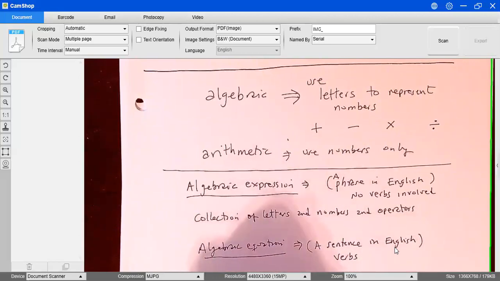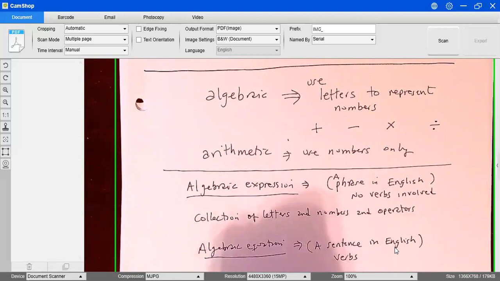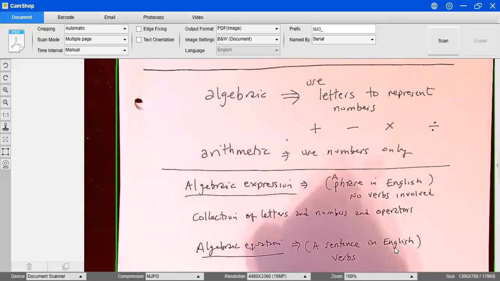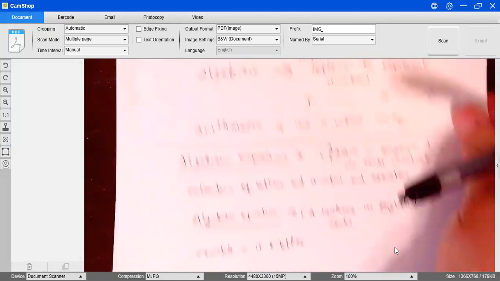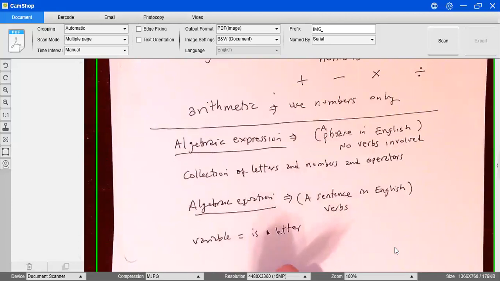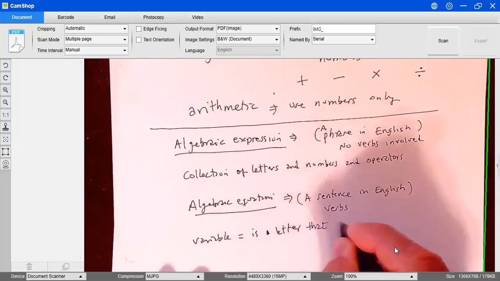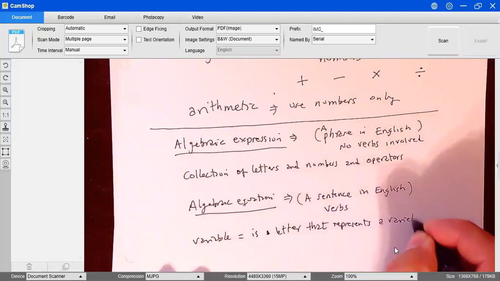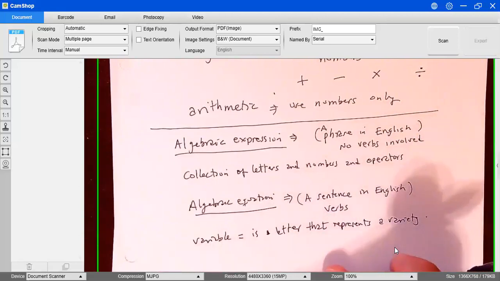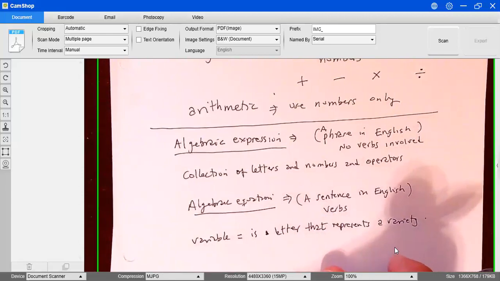So you can check in your book on page 2 the definition of a variable, and they say that a variable is a letter that represents a variety of different numbers.